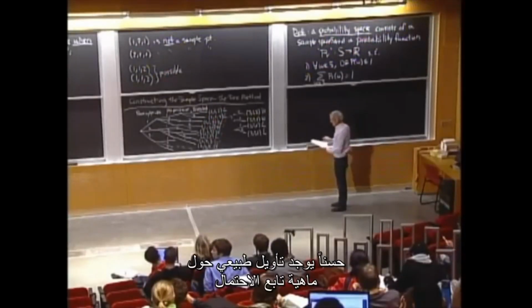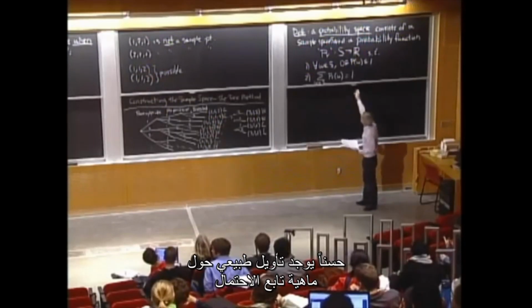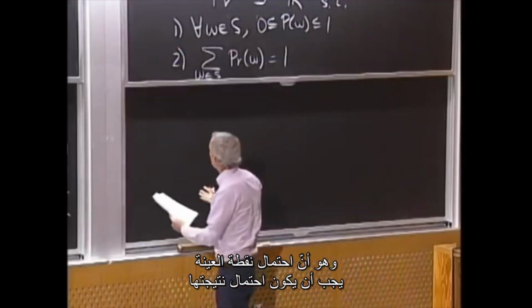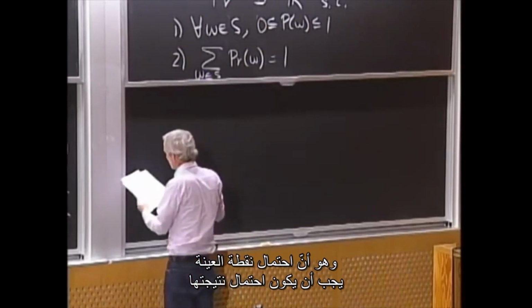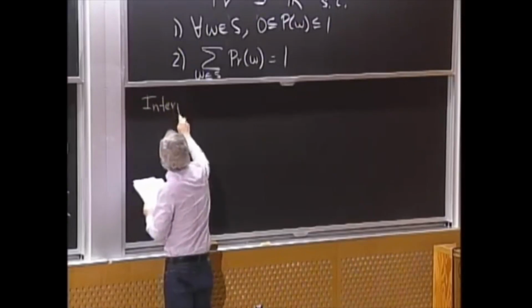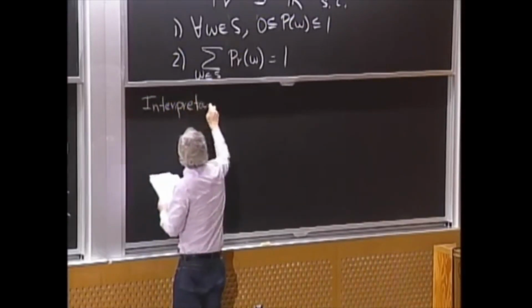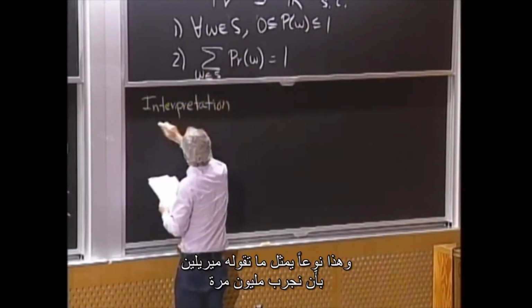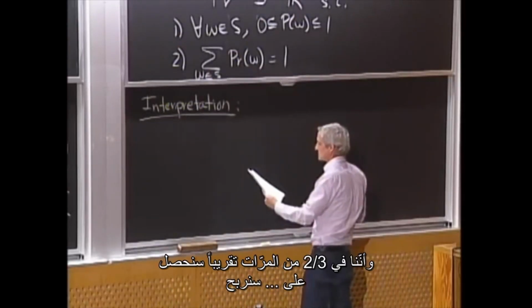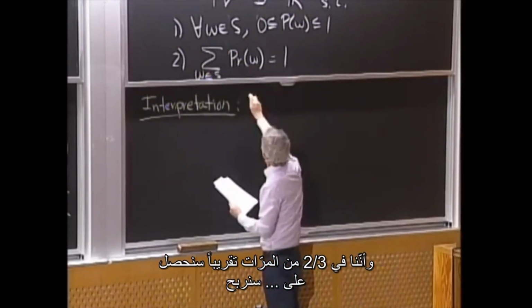All right, now, there's a natural interpretation of what the probability function is. And that is the probability of a sample point should be the probability of its outcome. And this is sort of where you get to Marilyn saying, hey, try it 1,000,000 times, and you'll see 2/3 of the time, roughly, that you win.